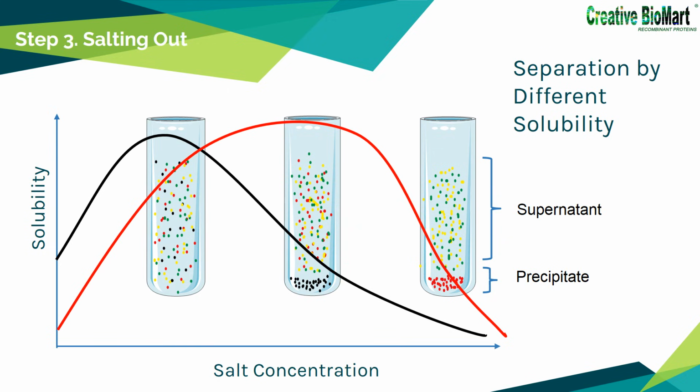The salt concentration at which a protein precipitates differs from one protein to another. Hence, salting out can be used to fractionate proteins. Salting out is also useful for concentrating dilute solutions of proteins, including active fractions obtained from other purification steps.